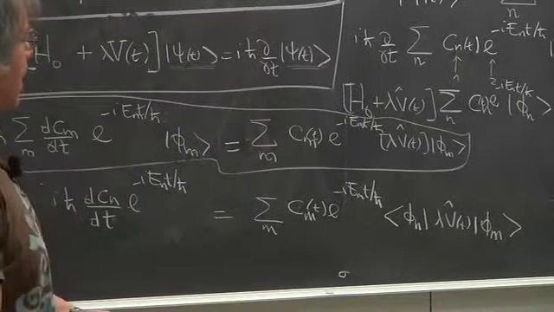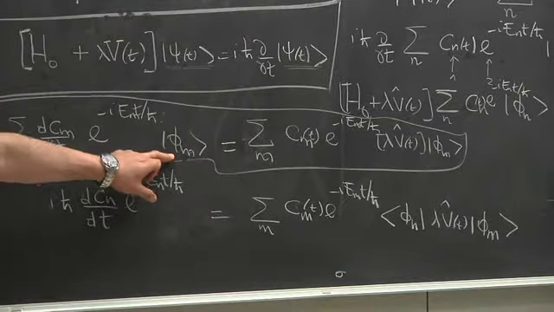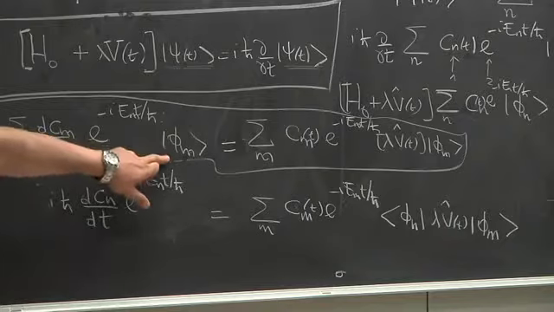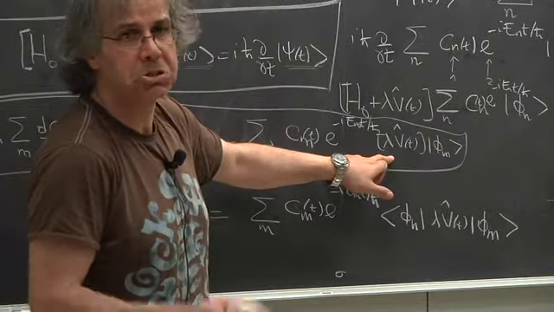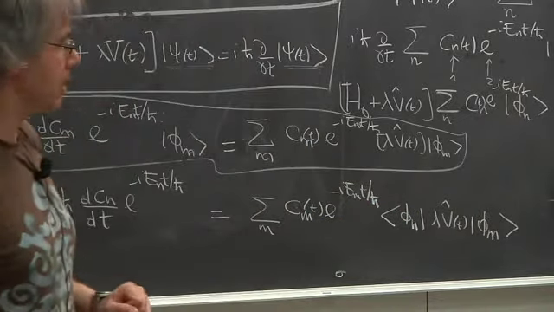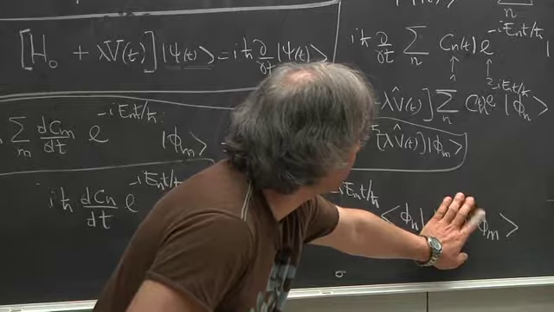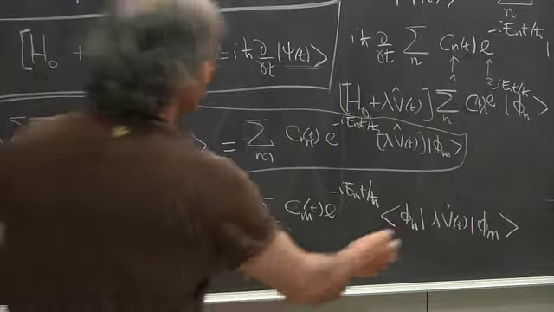Notice that on the left, there was only the state, and therefore I could use the delta, orthogonality. On the right, there is also another operator, so I'm not entitled to use any delta. There is, in general, this object. So if there was no lambda v, I would use the delta. But unfortunately, there is the lambda v, and I have to write it this way.